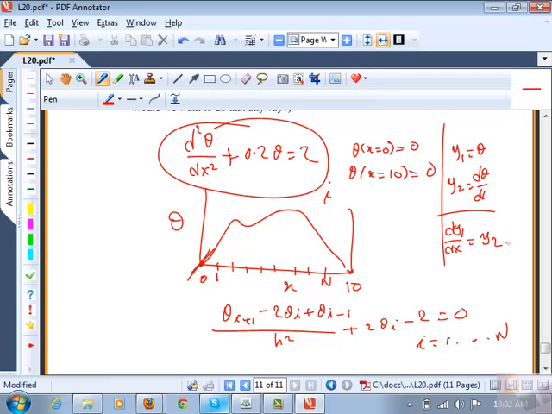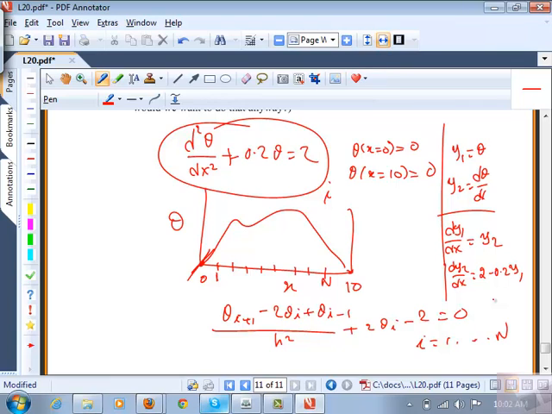So the way it works is guess 1, I guess alpha 1. And I shoot, and what I get is y1 at 10. I'm going to call that number beta 1.